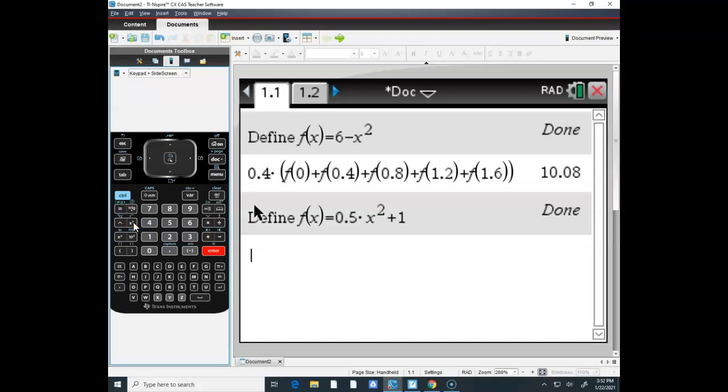And then you take your function and you say, okay, what is 0.5 times parenthesis f of 1 plus f of 1.5 plus f of 2 plus and so on.